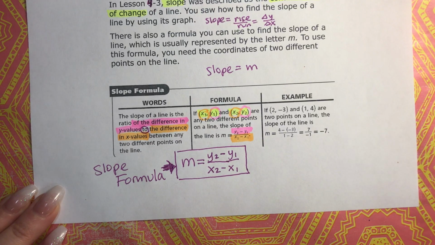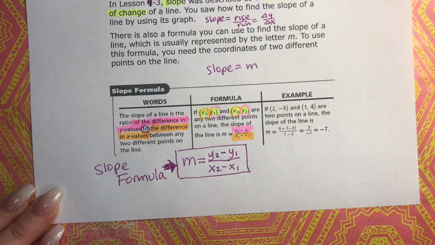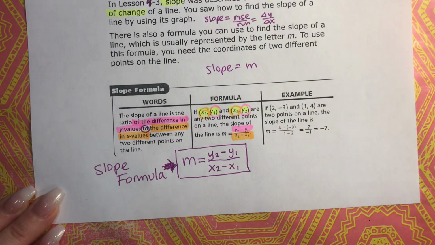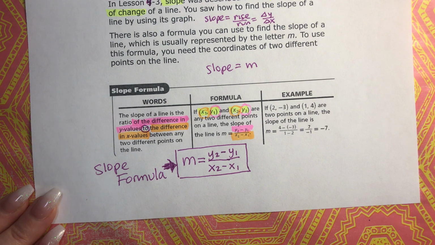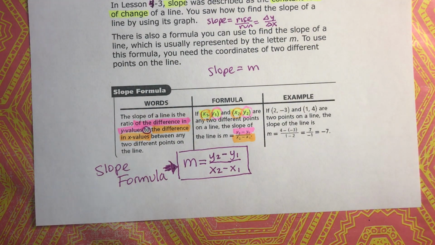That's 3 times. That's 4 times. And the last time, that's 5 times. So every day I want you to say this 5 times over so you commit it to memory. Slope formula, that's what it is. M equals y2 minus y1 all over x2 minus x1.